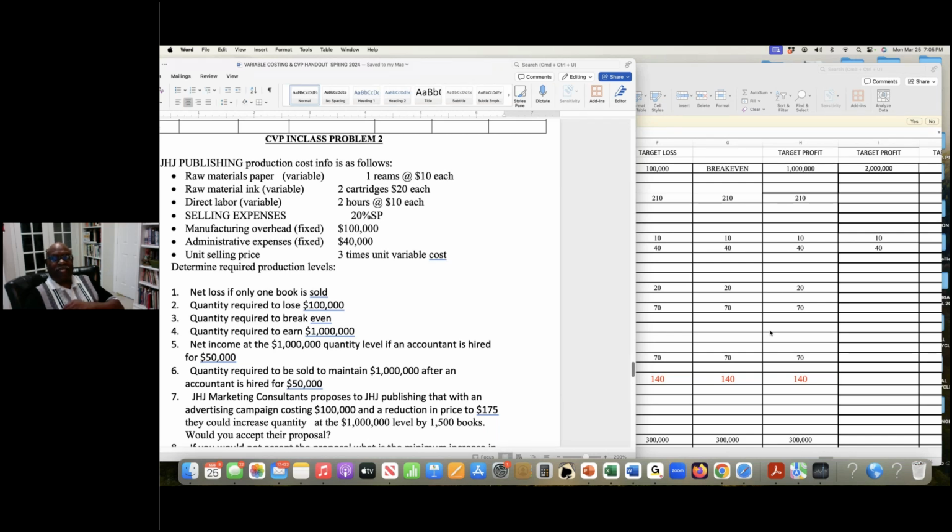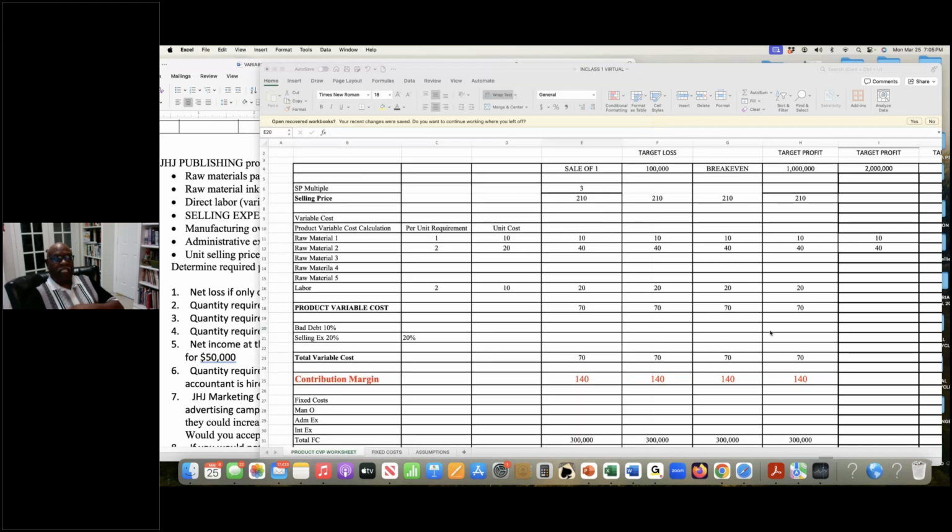Yeah. Okay. Our selling expenses are 20% of the sales price. So it's going to be equal to the selling price times the 20%. Well, why is it a minus 42?